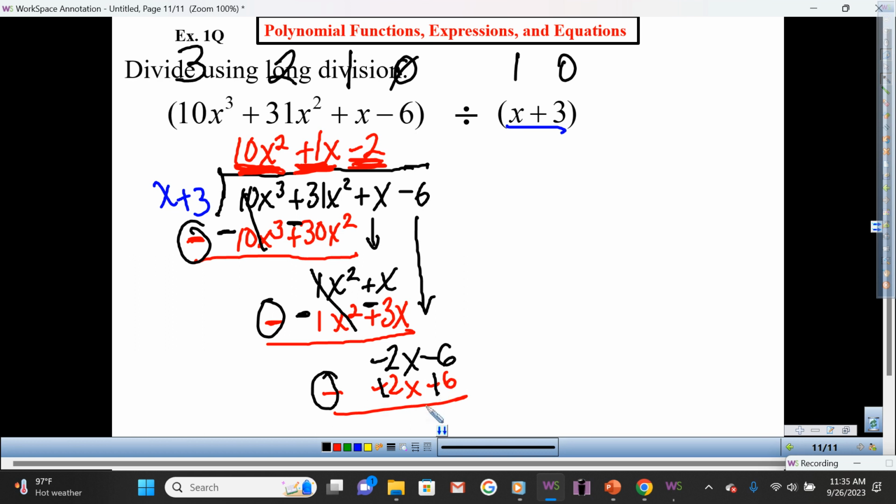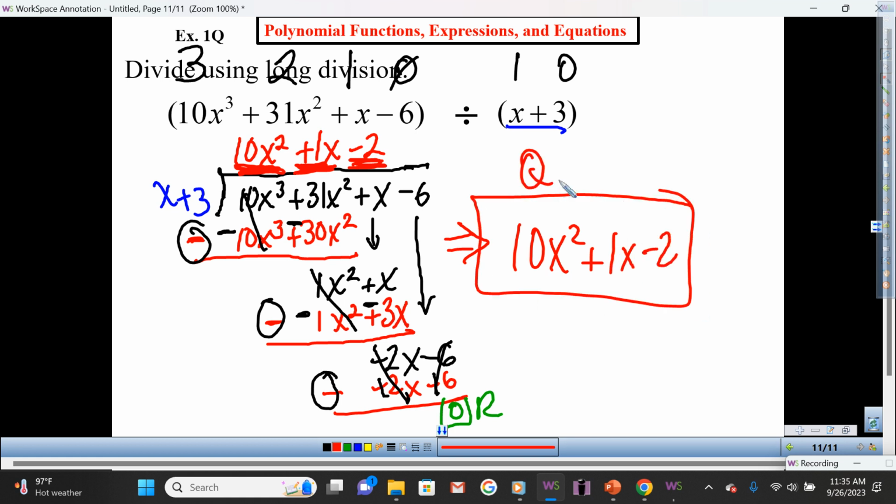Notice that I turned those negatives into positive. Yes? Therefore, what is negative 2 plus 2? Cancel. Negative 6 plus 6, cancel. And I'm putting green underneath the 0 and the letter r because that's my remainder. Therefore, what is our answer? Answer is 10x squared plus 1x minus 2. This is my quotient.